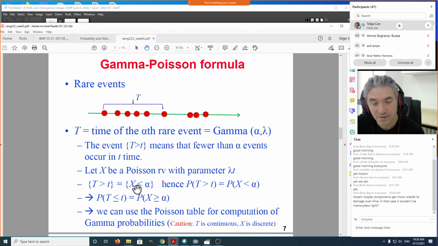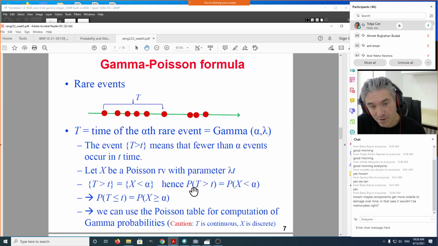The probability to wait more than t is the same as observing fewer than alpha events in the same interval. This is a Poisson random variable. If these two events are the same, it means that the probabilities of these two events are the same. They are the same events, so their probabilities are the same.